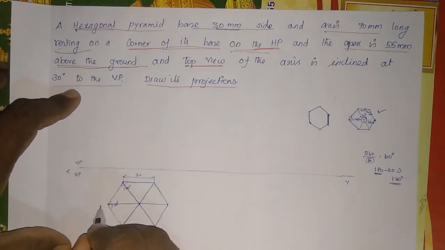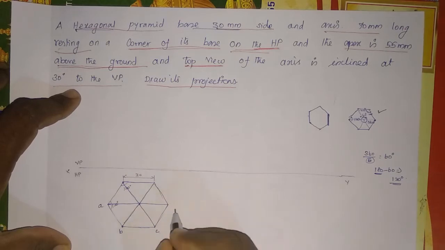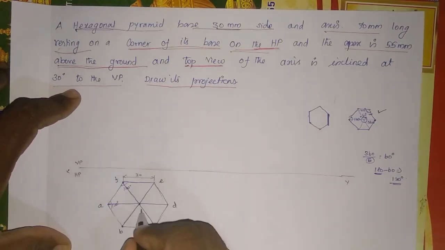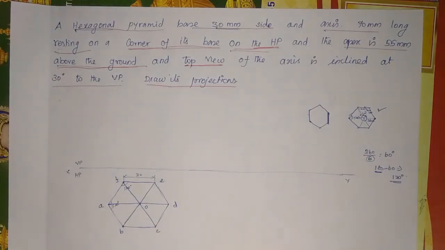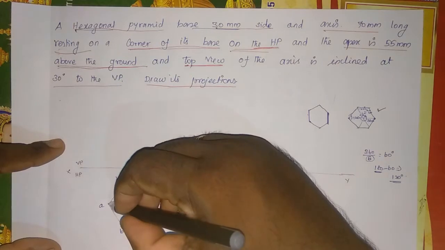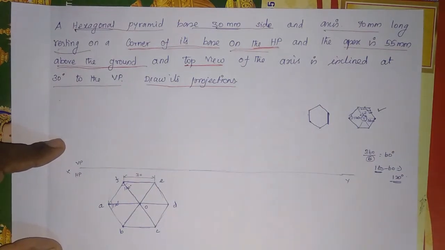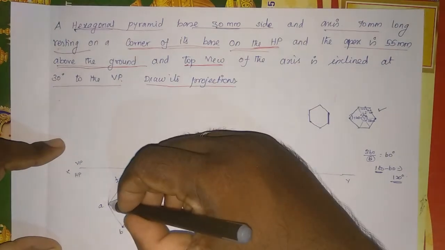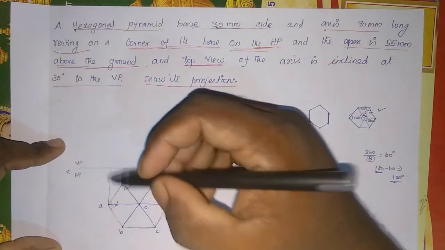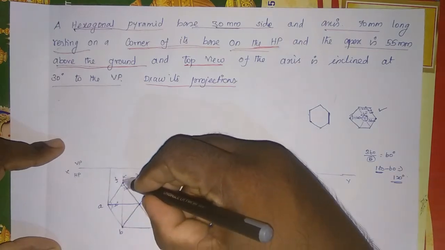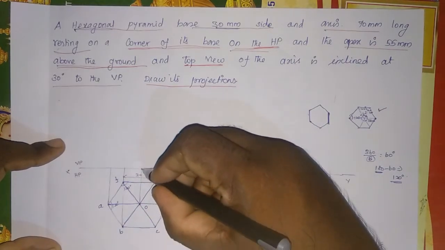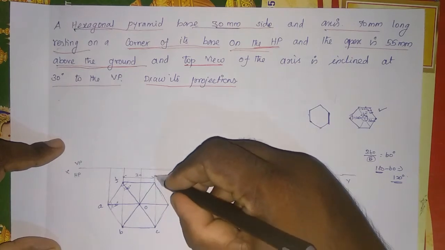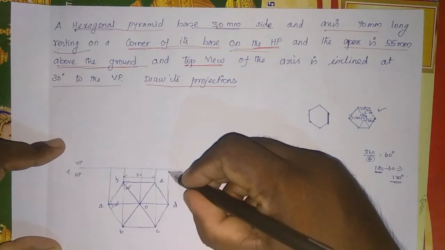I am marking from here A, B, C, D, E, F and the center point O. Now I take the projections from each and every point: from A point, from B point, B and F are in the same line, from O point, from C point, C and E are in the same line, and from D point.